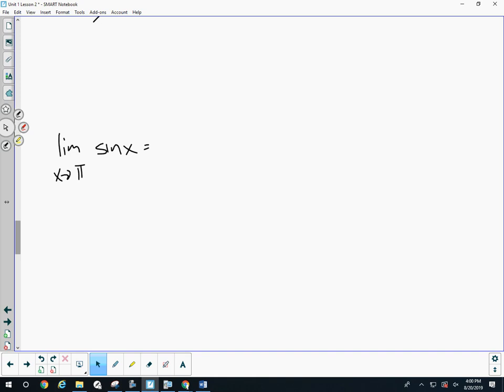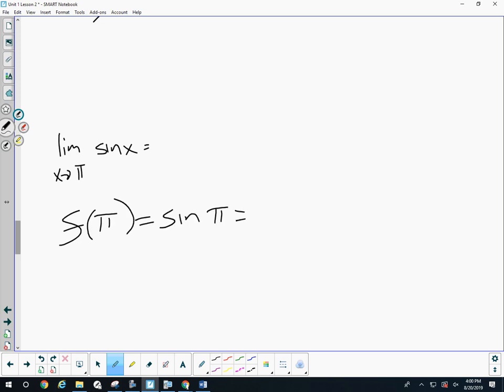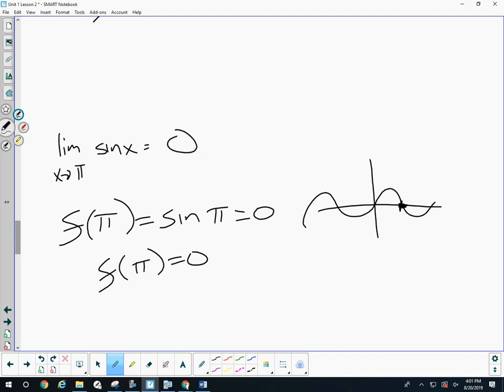You could do pi plus 0.000001 and pi minus 0.0001 in your calculator if you wanted to, but what you will find is that since sine is a nice, easy function that doesn't have anything crazy going on with it, if you're looking at pi, I have the point (pi, 0). If I looked a little bit to the left of pi or a little bit to the right of pi, it would be very, very close to 0. I don't have to do anything crazy here.